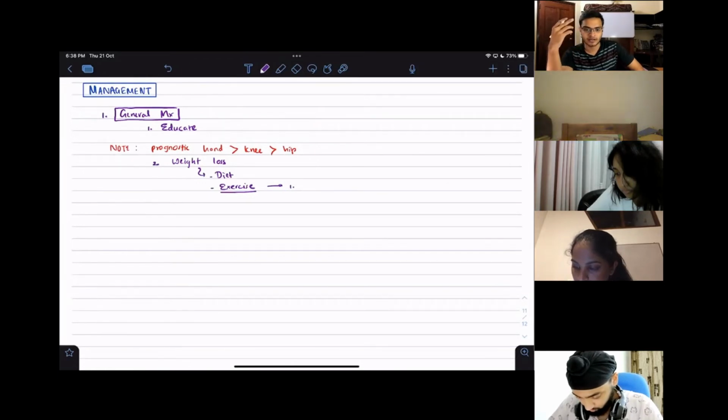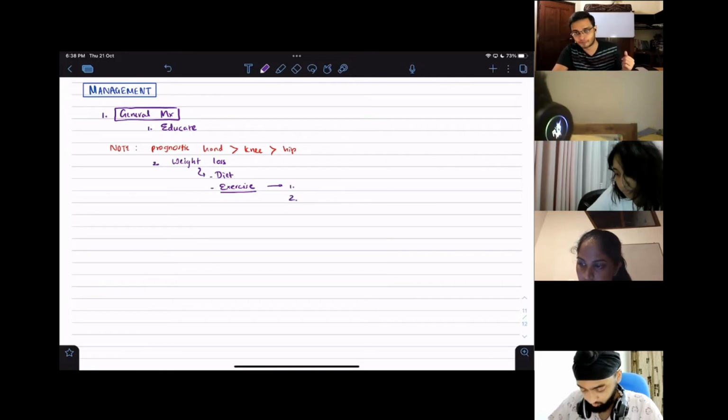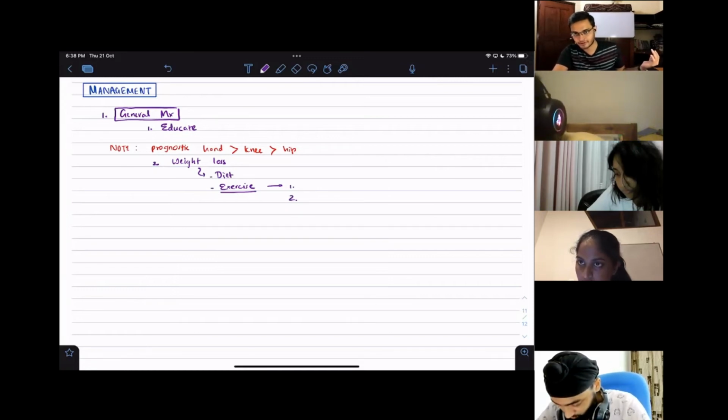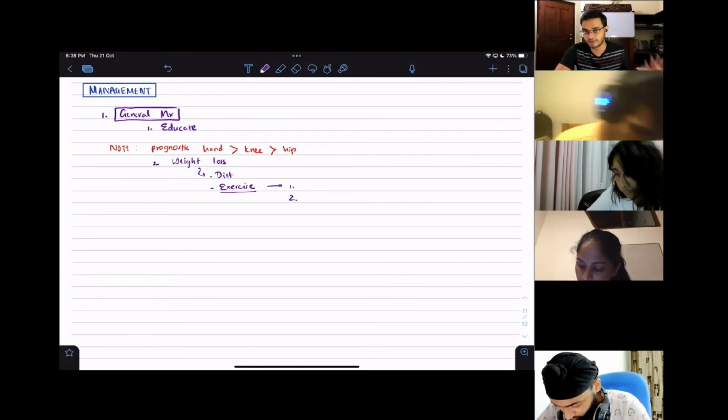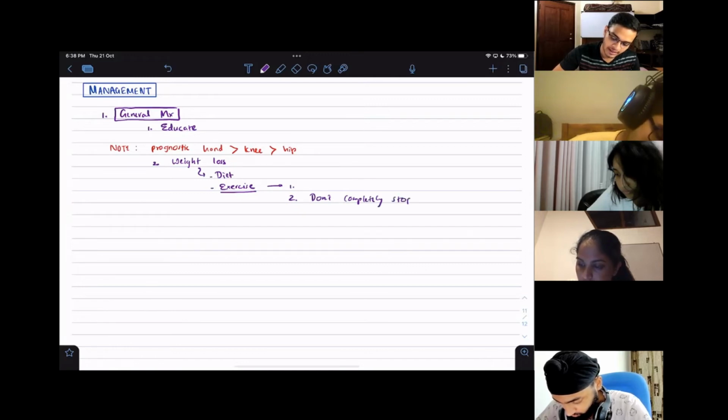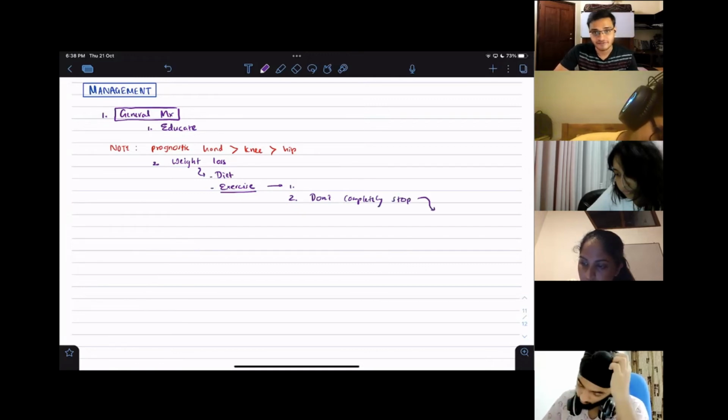The second one is, guys, do not completely stop all movements of the affected joint. First thing, don't overwork the joint. Second one, don't completely stop movements of that joint. Why? What is the risk there if they stop?